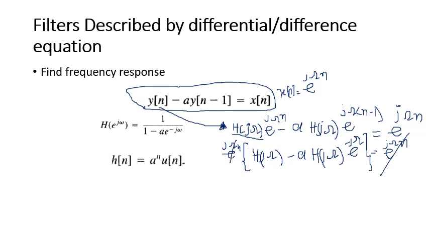Again I take H of j omega common, so inside the bracket I have 1 minus a into e power minus j omega, and this is equal to 1.